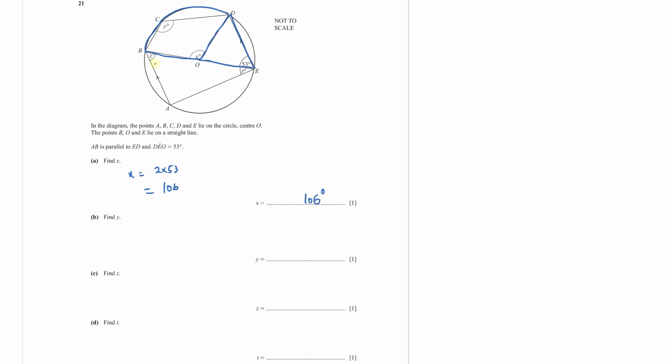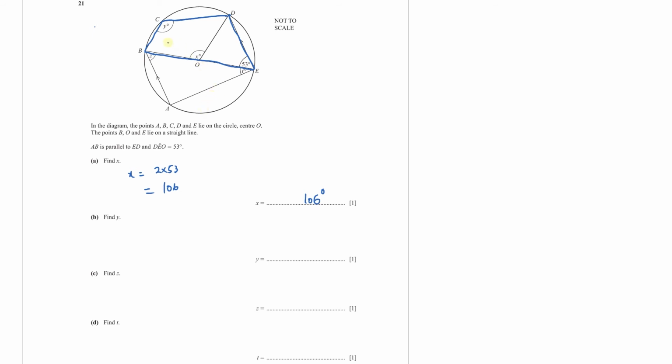So the next part is find Y. So let me erase this. So if you look at this quadrilateral BCDE, let me mark this. This quadrilateral B, C, D and E. So this is a cyclic quadrilateral because all 4 vertices of this quadrilateral lie on the circumference of the circle.